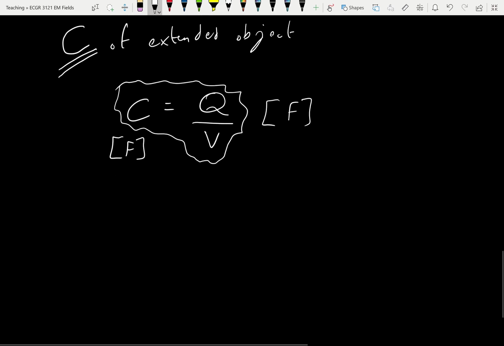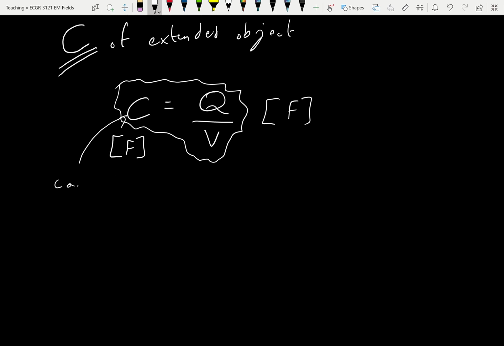This is the definition of the capacitance.